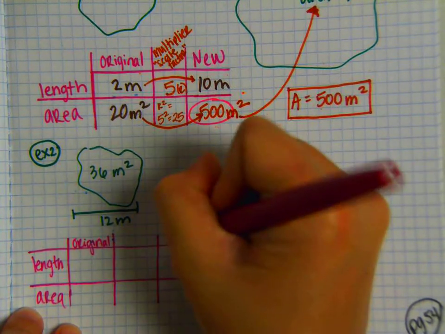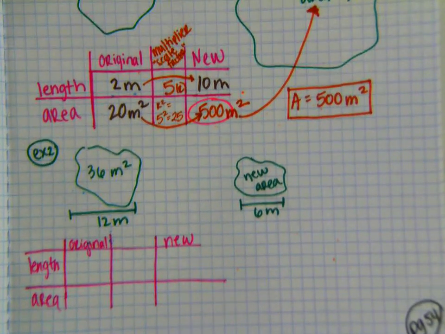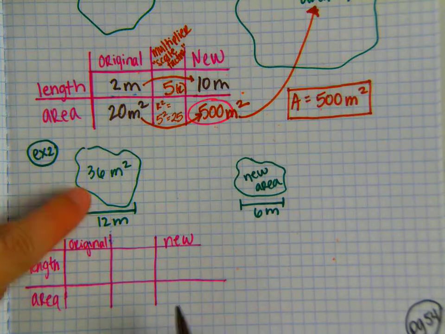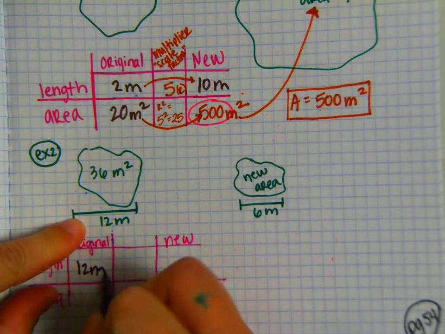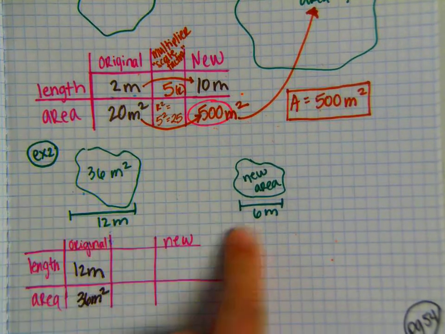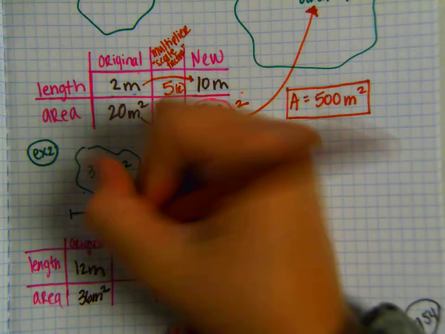And new. Okay, and then I'm going to put all the information that I know inside. I know the length here is 12. The area here is 36. And then over here, this is 6. Okay, and then this is my multiplier.